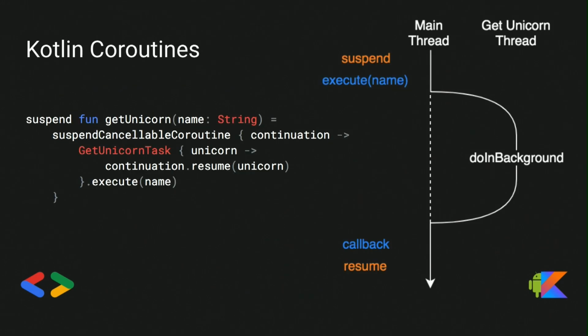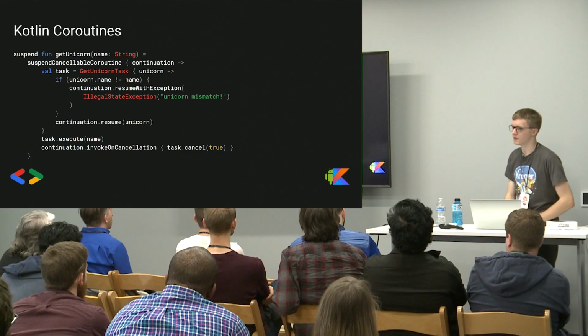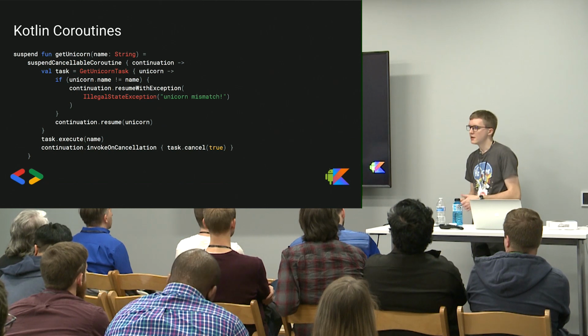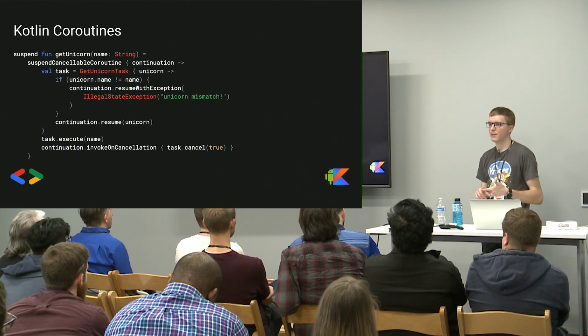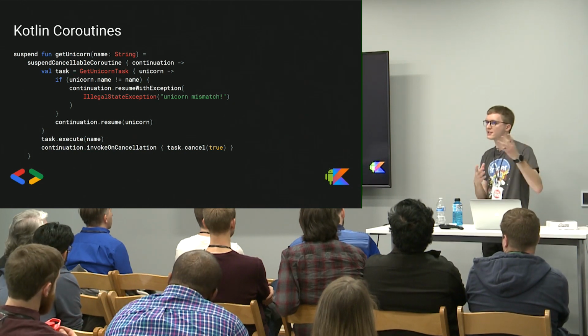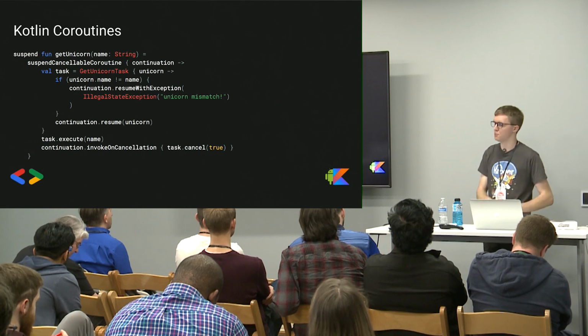But we can do even more, we can achieve so much more with coroutines. Because when you think of the way an async task is designed, it's also difficult to propagate errors. It's difficult to deal with canceling your async tasks in an effective way when you want to.